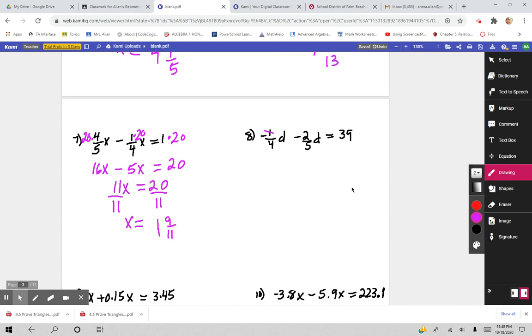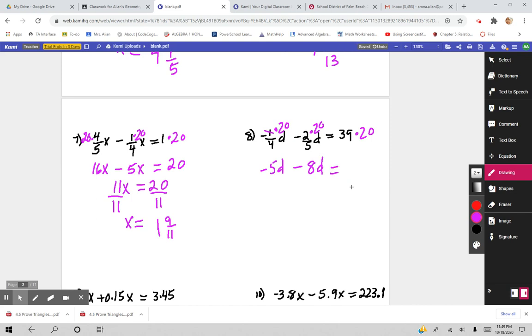So we want to multiply this by 20, multiply this by 20, and this by 20. Okay, so this will give us negative 5d, because negative 20 times 1 is negative 20, divided by 4 is negative 5d. And negative 2 times 20 is 40, divided by 5 is 8d.